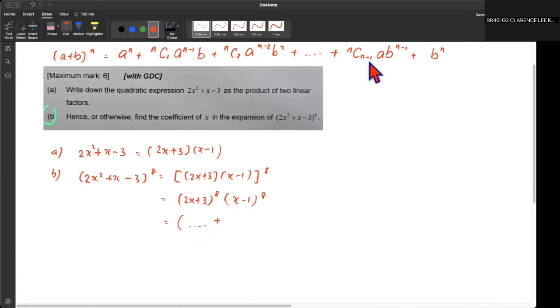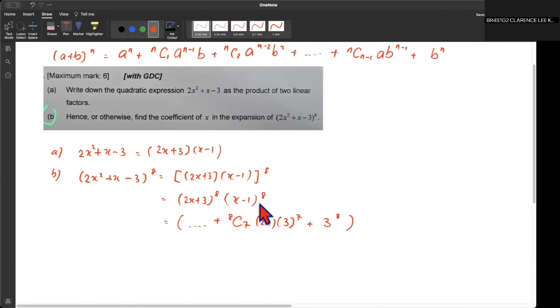And we go straight to the second last term, which is 8C7, 2x, 3 to the power of n minus 1, which is 7. And the last term, 3 to the power of 8. These are the last two terms.